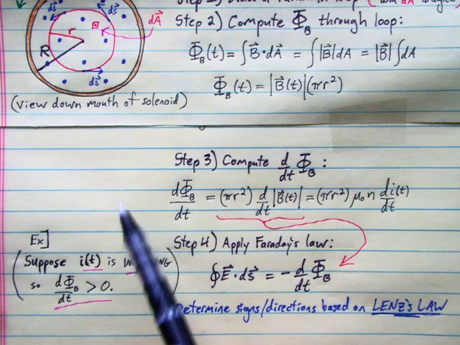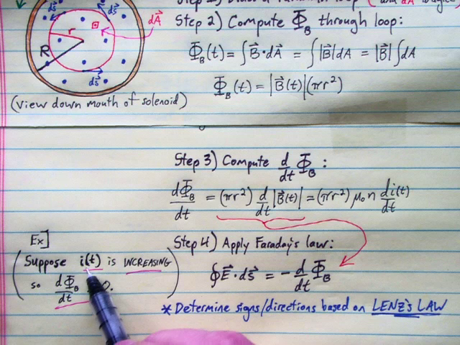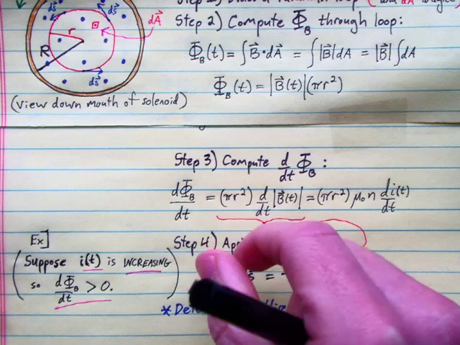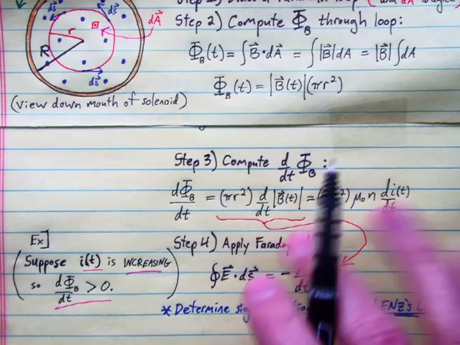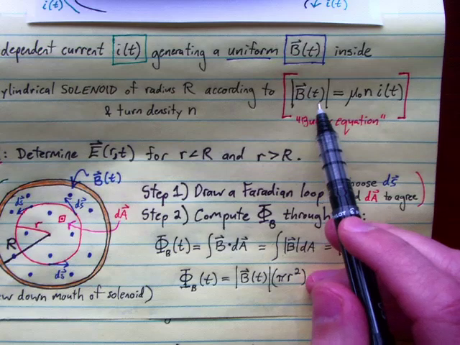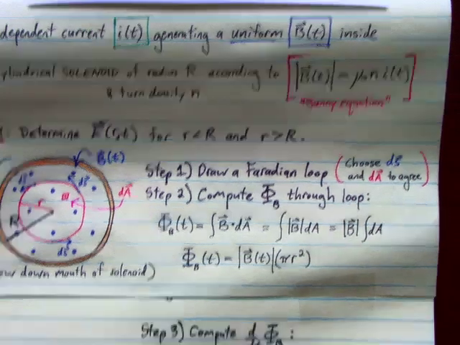So for example, suppose we know that the current running through the coil is increasing over time. Someone's turning a dial somewhere that's cranking up that current. So I is increasing over time. And if I is increasing over time, then the magnetic field strength inside the coil is increasing over time. So our magnetic flux is increasing over time.